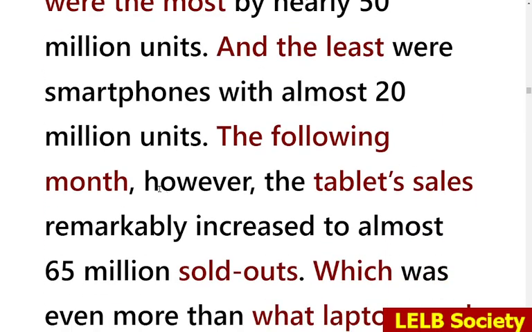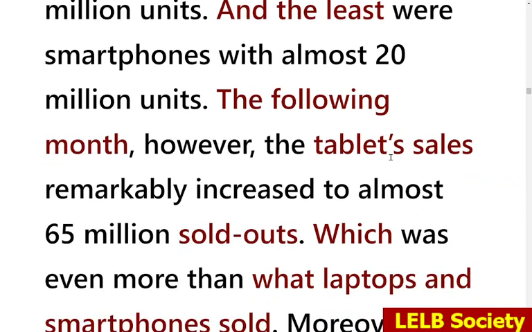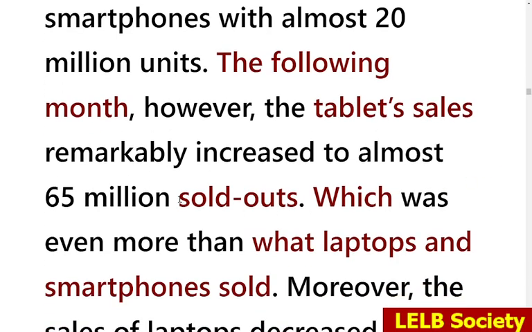The following month, in the following month, it should be written this way because this is an adverb of time. In the following month, however, the tablet sales, here you need to put the apostrophe after S. Tablets' sales remarkably increased to almost 65 million sold outs. Remember, sold out is an adjective, and in English adjectives are not pluralized.